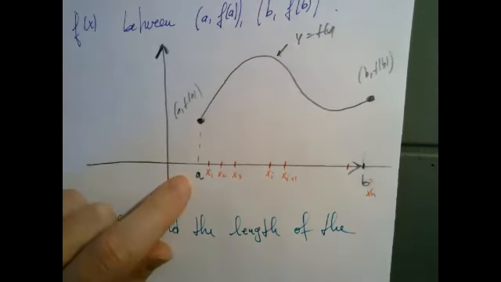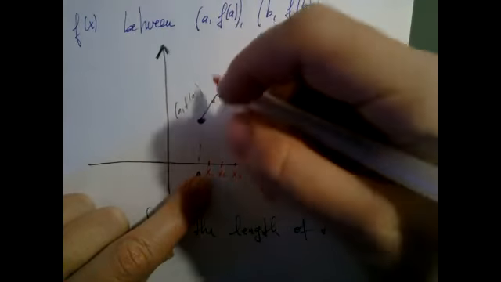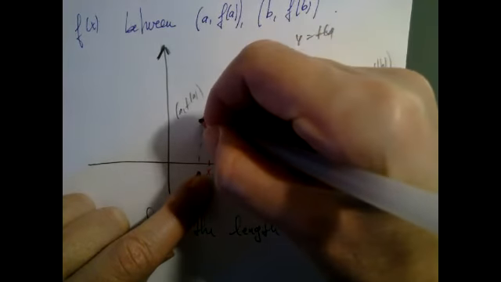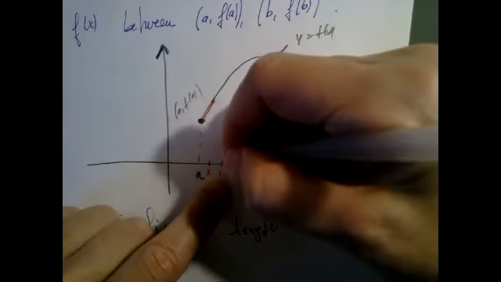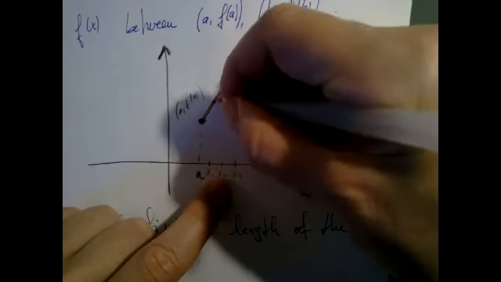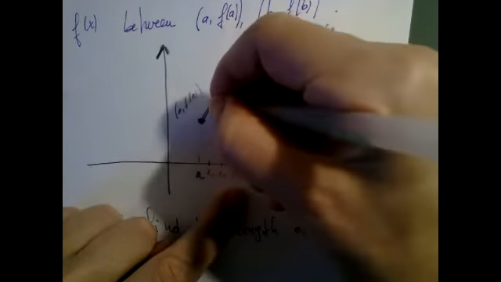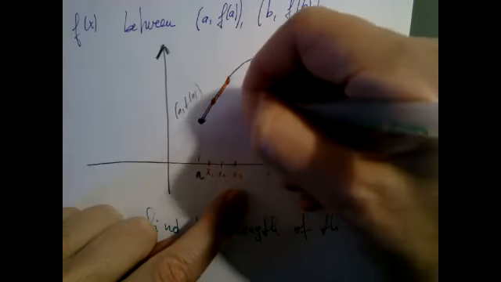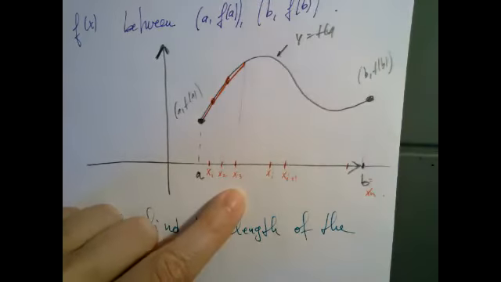This is point X1. My first line segment is from here to here. This is my X2, my second line segment. This is X3. That's how we are going to cover the curve.